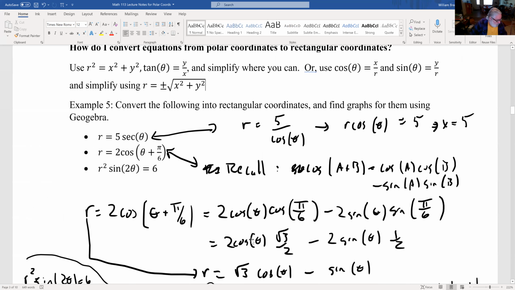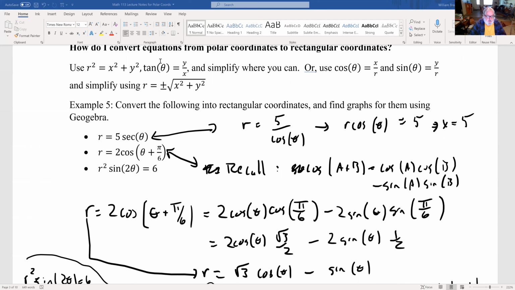So what we can do is graph some of these things on GeoGebra. We'll stop this share and go to a new share.